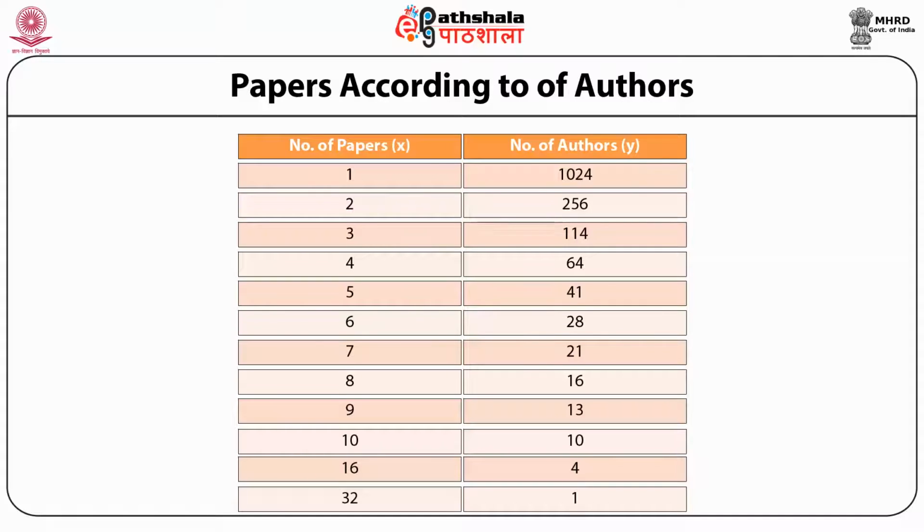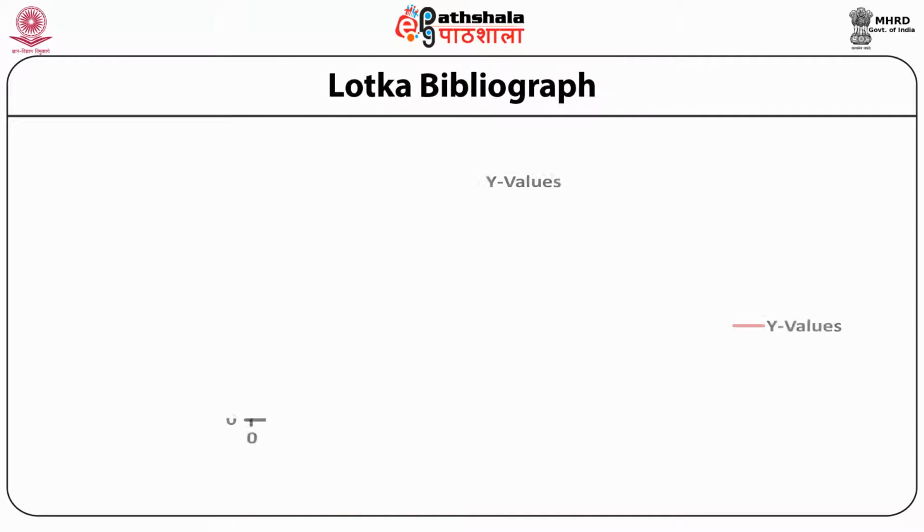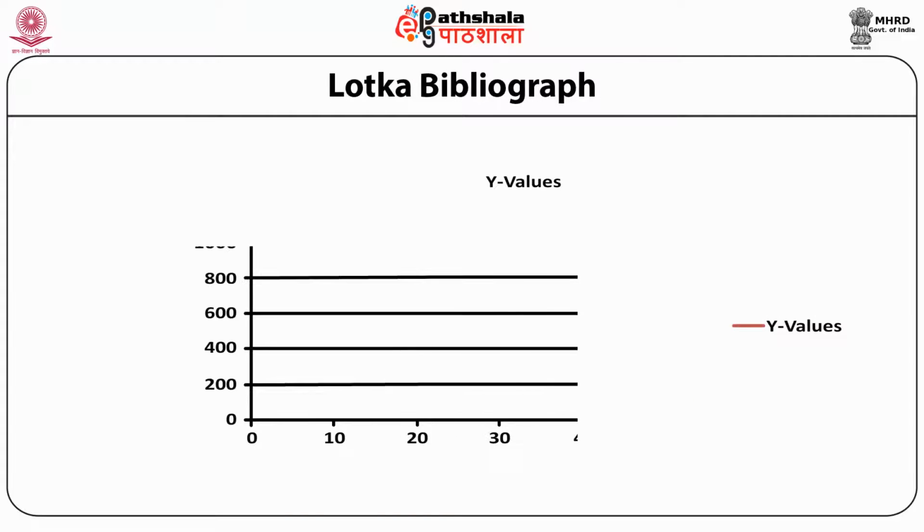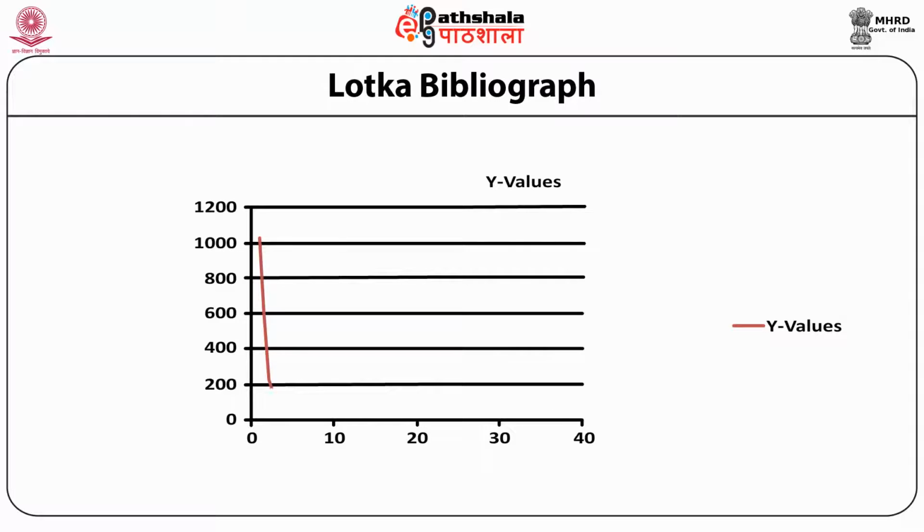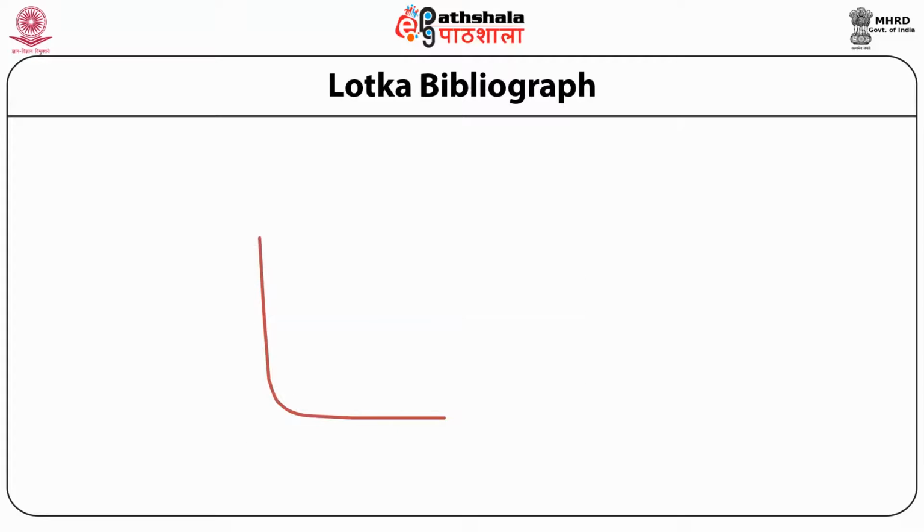In this way, there is only one author who has contributed 32 papers. This is the Lotka bibliograph. If you see the graph, immediately you will see that the graph pertains to power law distribution.